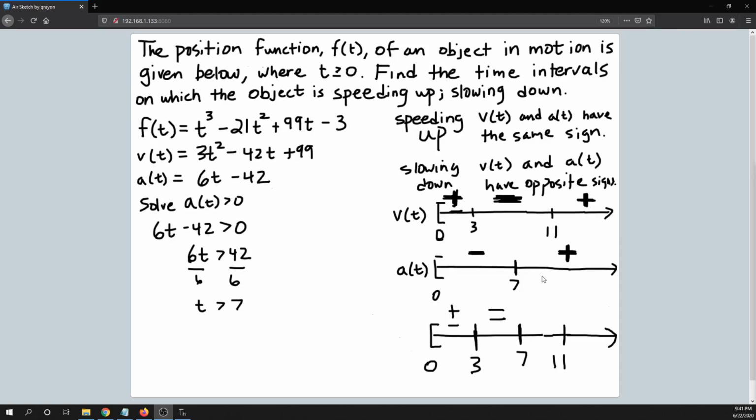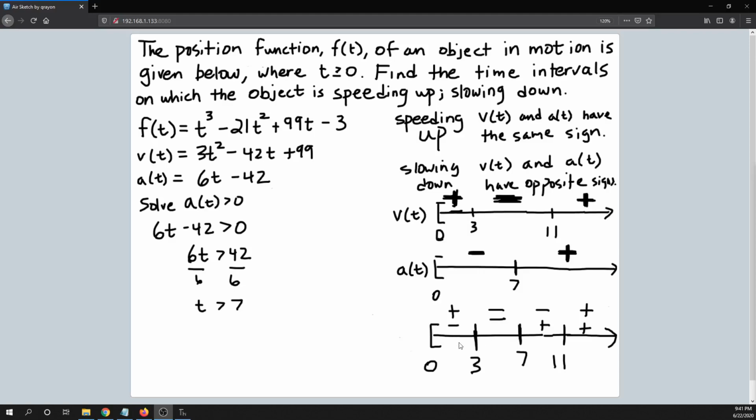Then on this one right here, we've got a minus for the velocity, and the acceleration would be positive, so it would be minus plus. And then to the right of 11, I have 2 pluses: plus for the velocity, plus for the acceleration. All right, so that's what I get.